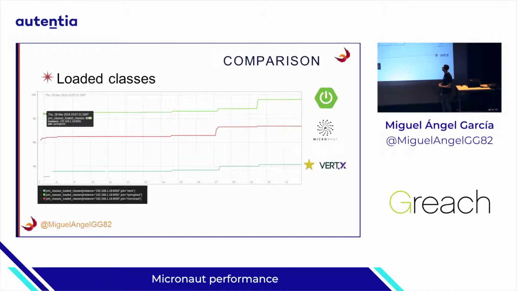Loaded classes. This has been taken again with Prometheus, and you can see that talking about the number of classes that have been loaded, Vert.x has the best figure in this case.